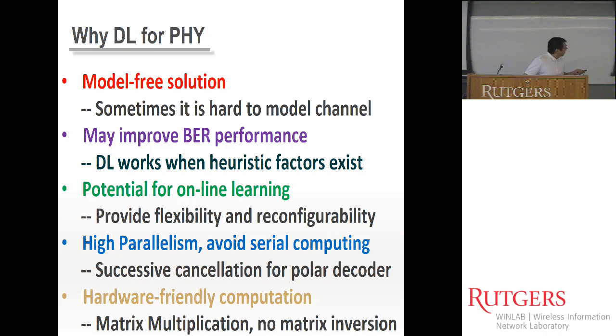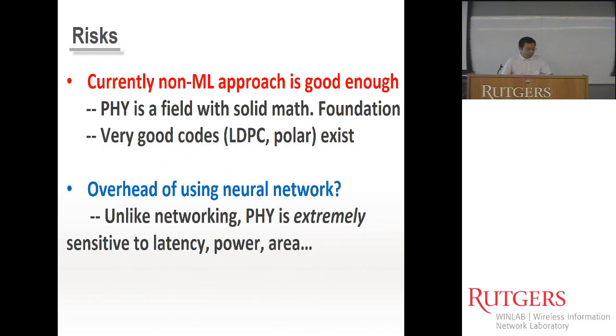But however, there are also some challenges when we want to combine these two together. First, as I mentioned before, currently those non-machine learning based approaches are already good enough in many cases. We have a very solid mathematical framework for physical layer design.